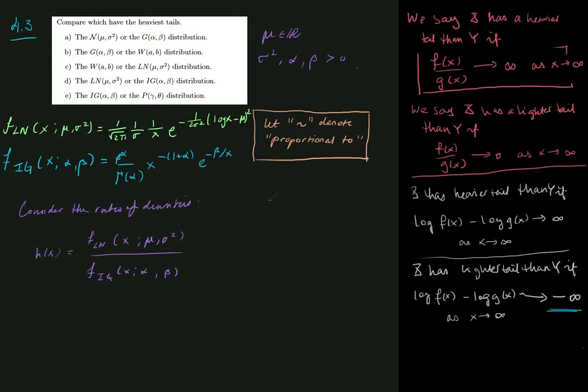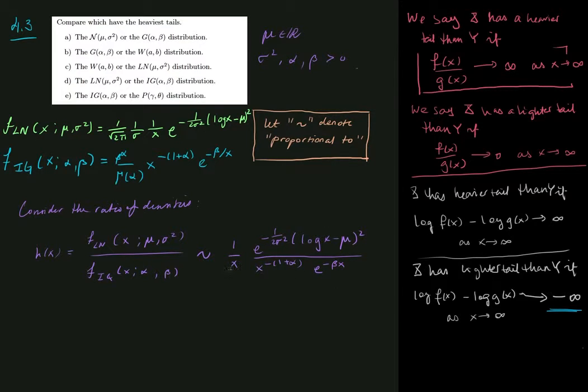So let's write in what this is proportional to. I remove the constants that are just in the way, and what I have then is 1 over x multiplied by e to the minus 1 over 2 sigma squared times log x minus mu squared, divided by x to the minus 1 plus alpha, multiplied by e to the minus beta over x.